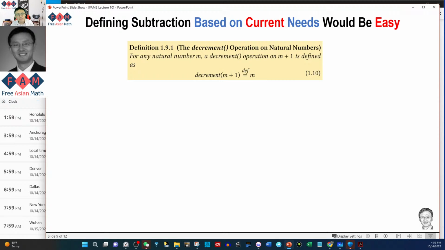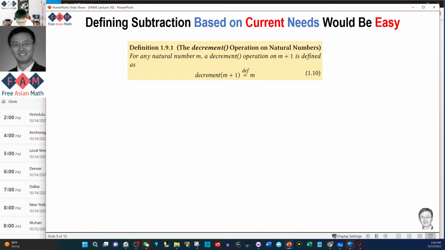For now, for our decrement operation, look carefully, we use a lowercase d, just like we use a lowercase i for increment. Next week when we study negative integers, we will introduce a similar concept but with a capitalized D, or in the case of increment, a capitalized I, to expand the definition of such operations.